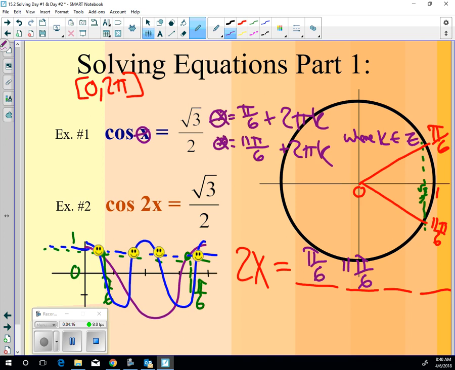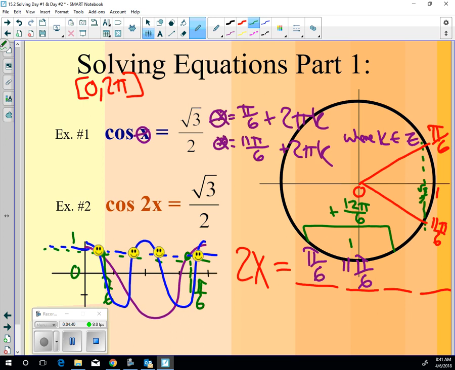Now, I'm going to do something kind of weird. I'm going to go 2 cycles. Now, you might say, well, we're not going to go beyond 2 pi, but we are for a moment. So what I'm going to do is I'm going to stretch. I'm going to add 2 pi. Now, 2 pi is how many pi over 6 to get 2 pi? 12 pi. Thank you. That was really quick.